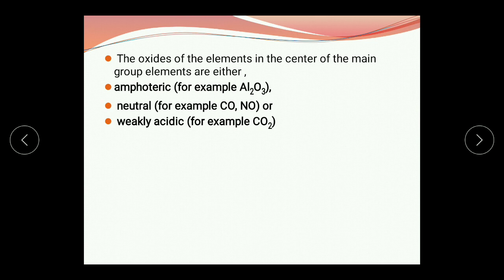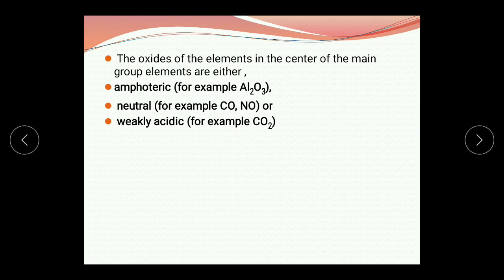Carbon monoxide is neutral, but carbon dioxide on treating with water forms H2CO3, carbonic acid, which is a weak acid. Hence, these oxides can be weakly acidic. Do you understand this? That means alkali metals form basic oxides, halogens form acidic oxides, while the center, that is group 13, 14 elements, form either amphoteric oxides, neutral oxides, or weakly acidic oxides.